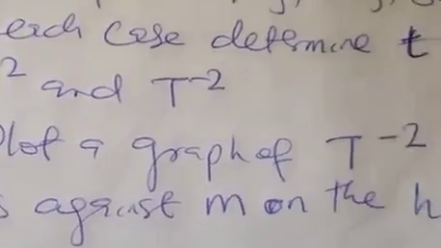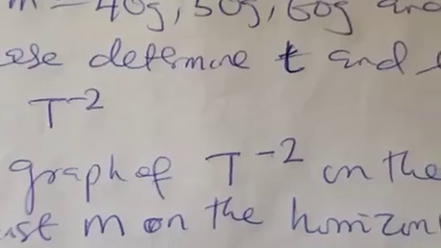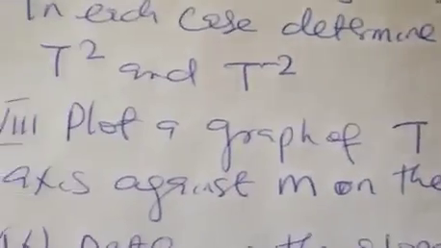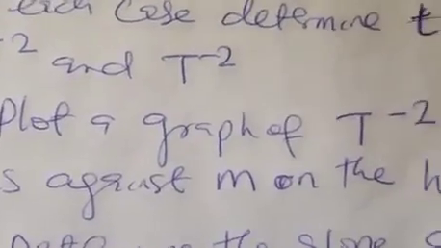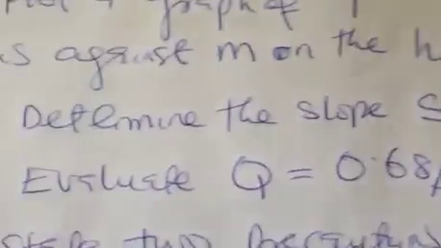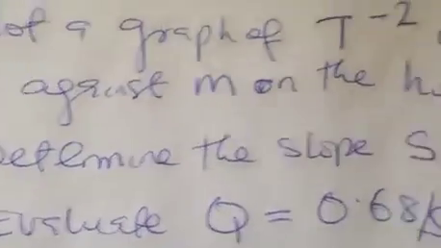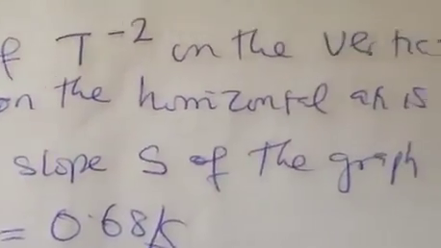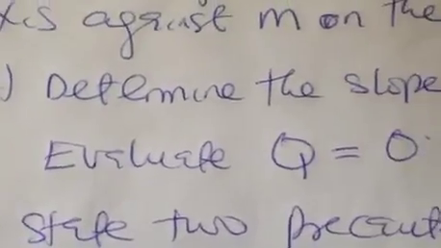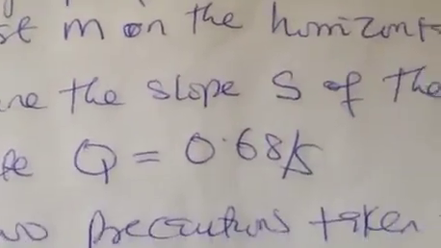VIII. Plot a graph of T to the power minus 2 on the vertical axis against M on the horizontal axis. Then IX, determine the slope S of the graph. Then X, evaluate Q equal to 0.68 over S.